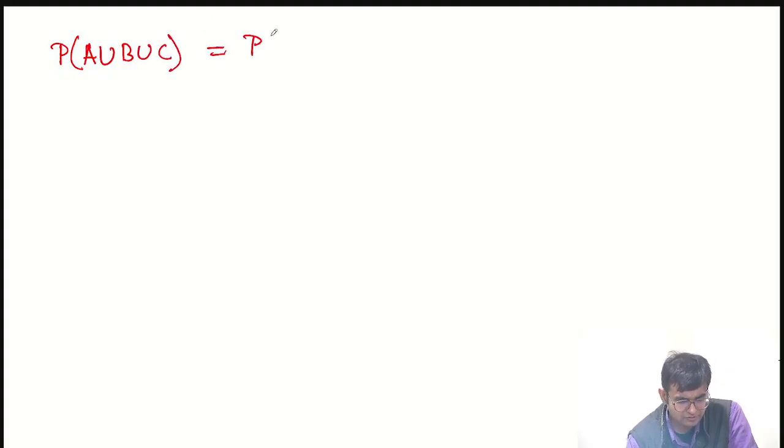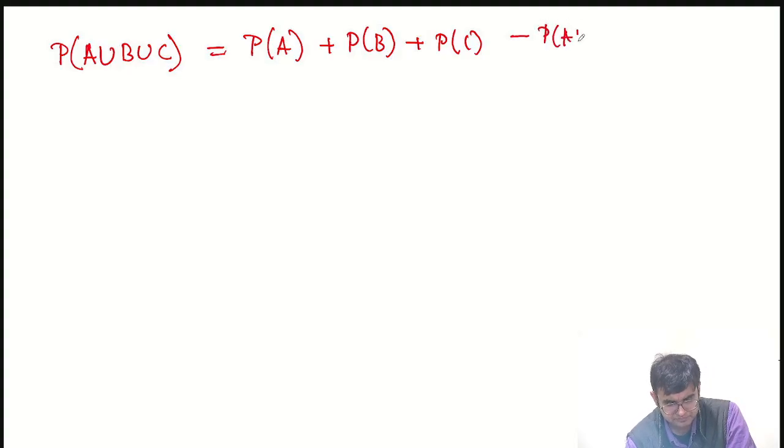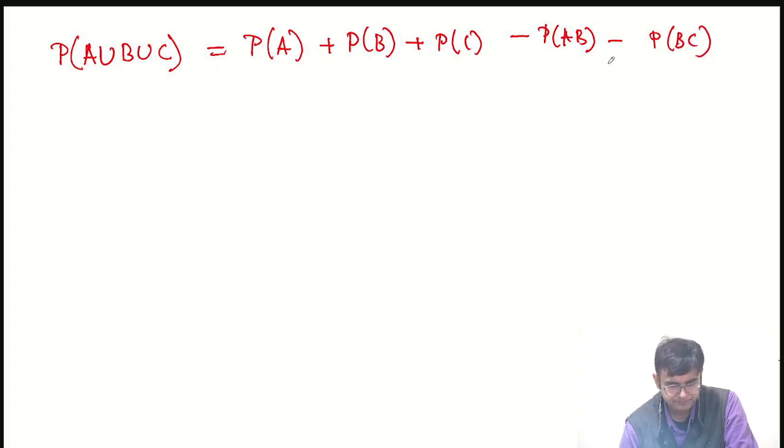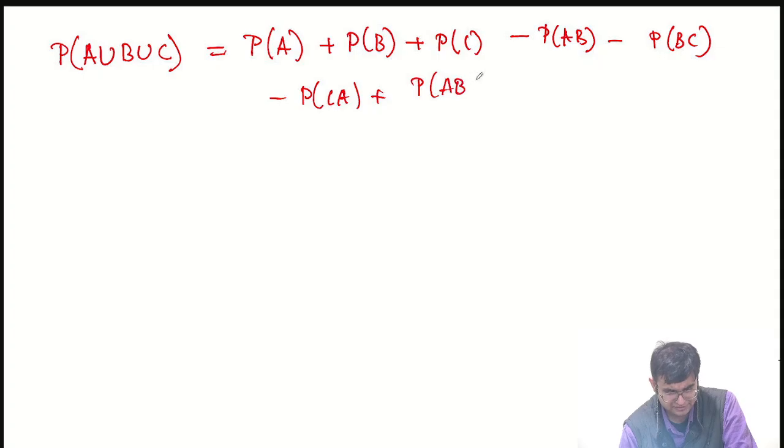This, I know, is equal to A plus B plus C minus AB minus BC minus CA and then plus ABC, something like this, right? It looks like this, correct?